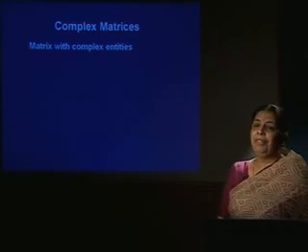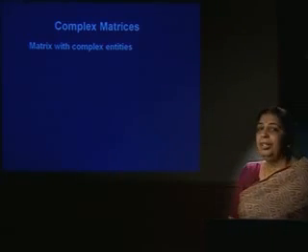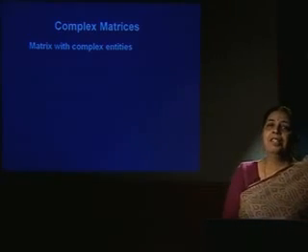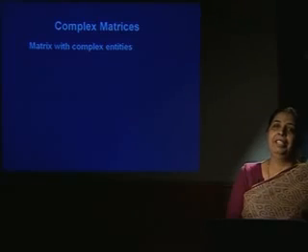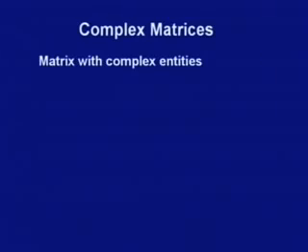After this we come to the next concept, complex matrices. Viewers, so far we were discussing matrices which have real elements, but they can be complex also, and such matrices come under complex matrices. So if we have a matrix with complex entries, then we have a complex matrix.